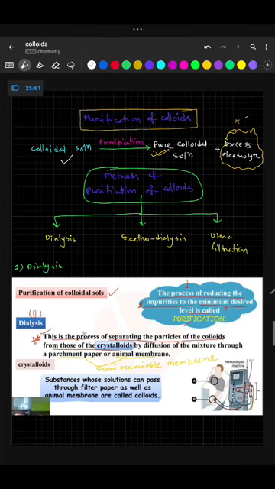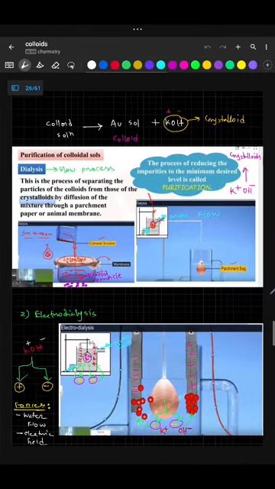If I try to tell you the process literally, this membrane has pores large enough for small ions and molecules to pass through, but too small for large colloidal particles to escape.